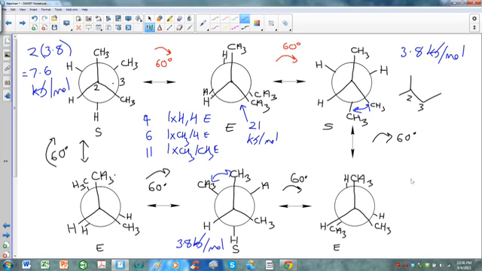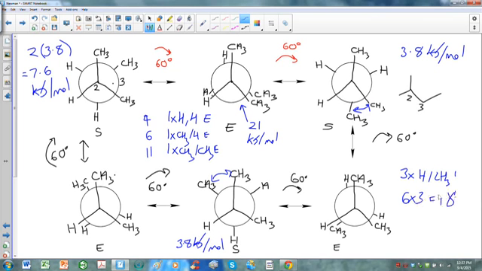Can you see we've got 3 times what have we got here? We have 3 times CH3 eclipsing conformations. Now each of those has an energy value of 6 kilojoules per mole, therefore 6 times 3, giving a total energy for this conformation of 18 kilojoules per mole.